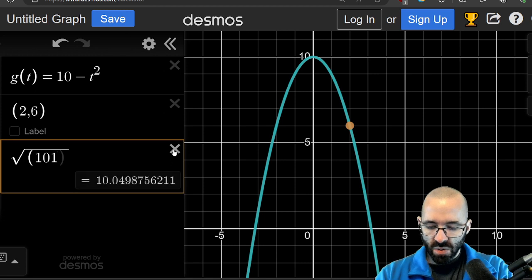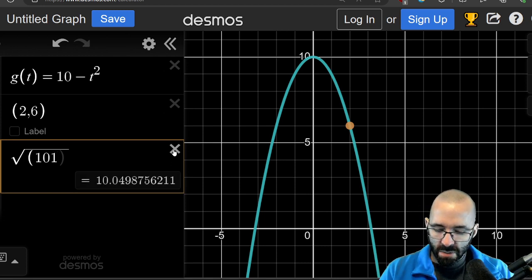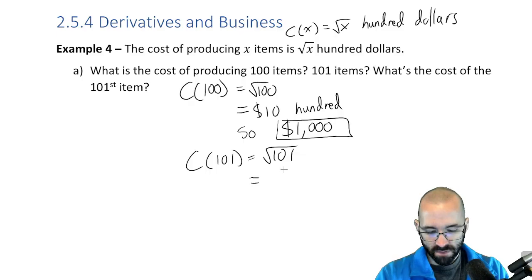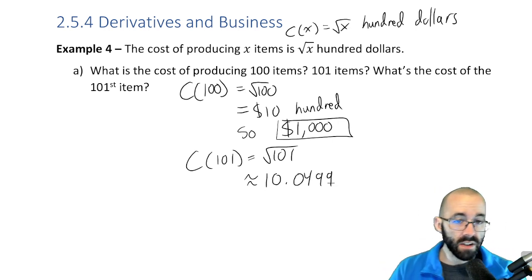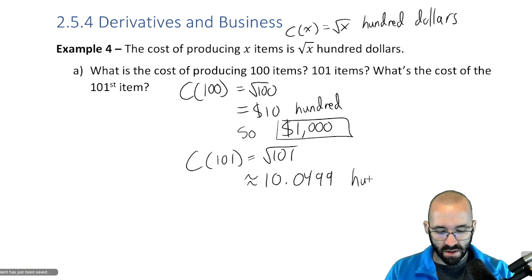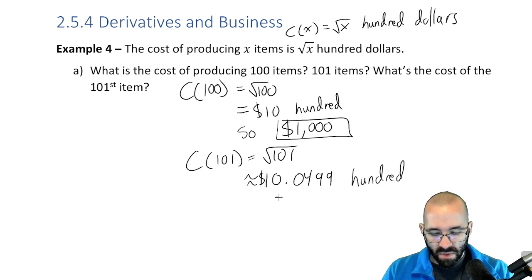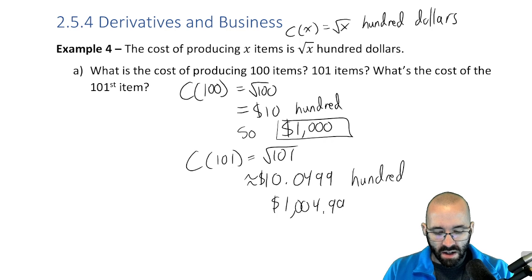What's the square root of 101? About 10.0499, in hundreds of dollars. So what that looks like is about $1,004.99.